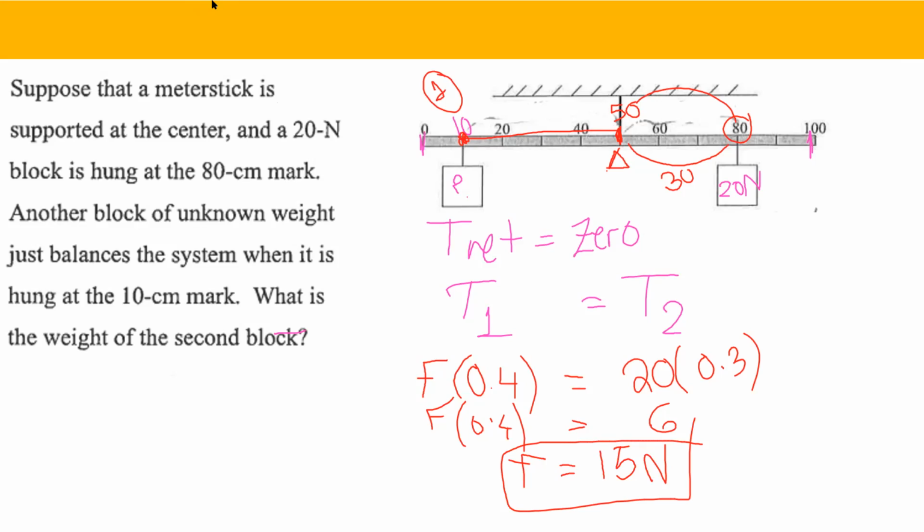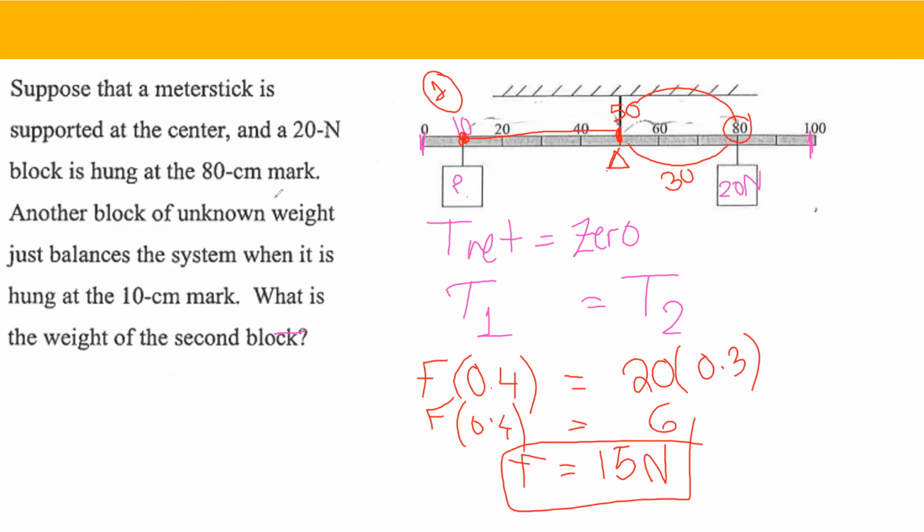Teacher, can you repeat from where you got the 0.3? Okay. They told me from the question that the block is sitting at 80 centimeter and the unknown block is hanging at 10 centimeter.